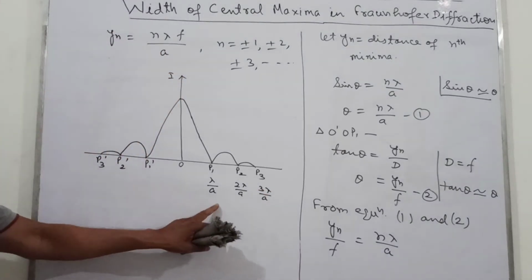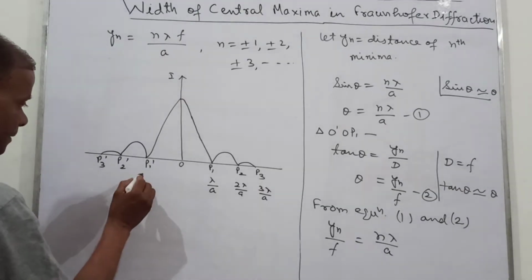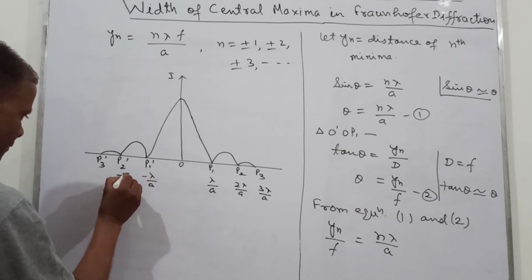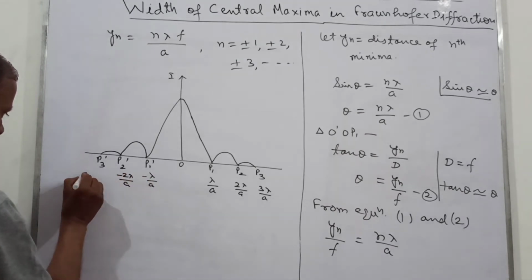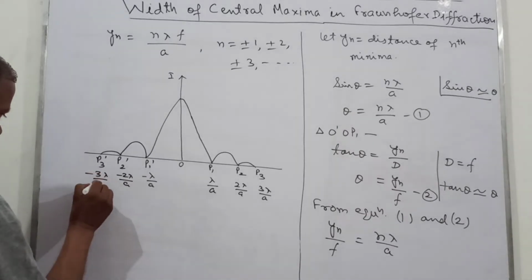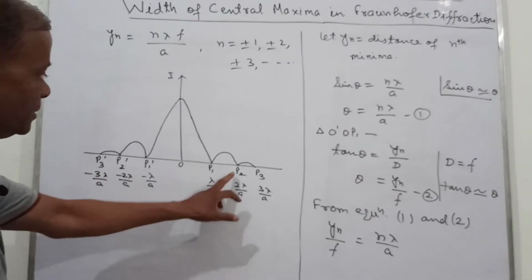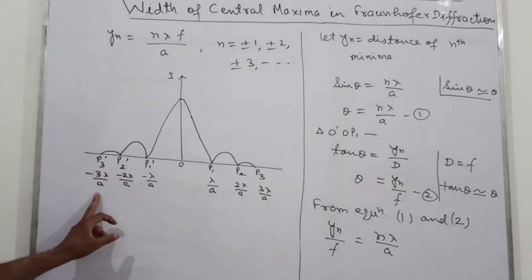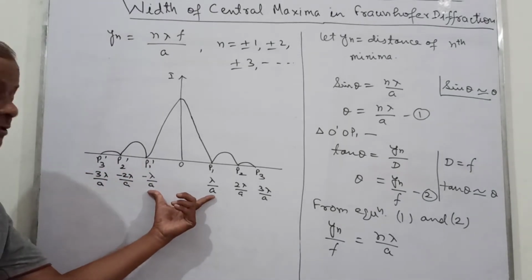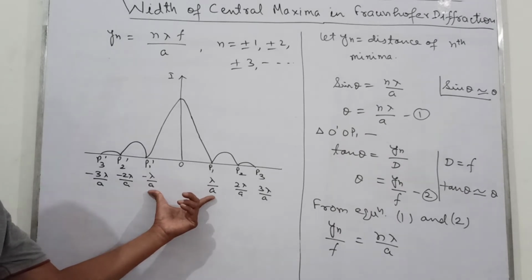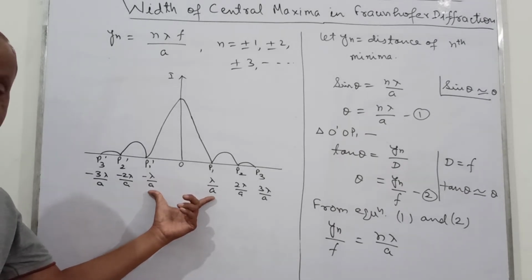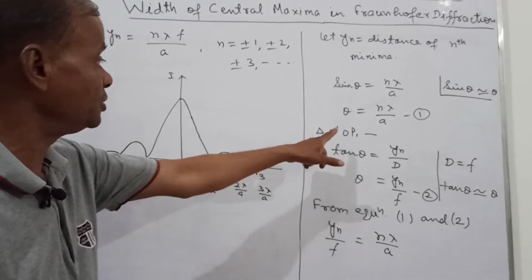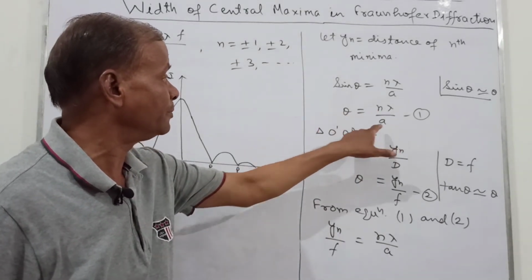This I am taking as the angular width theta. On the other side it is minus lambda upon a, minus 2 lambda upon a, minus 3 lambda upon a. So this is P1, P2, P3, P1 dash, P2 dash, and P3 dash. This is the angular width, so that I have taken a sin theta equal to n lambda, so from this equation theta equals n lambda upon a.